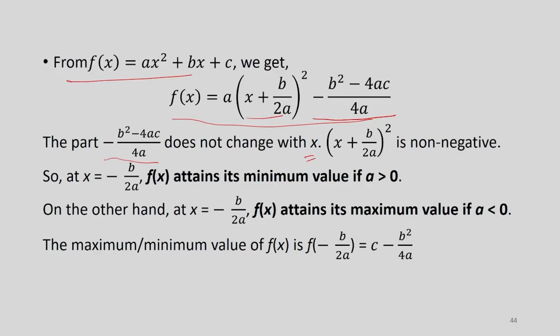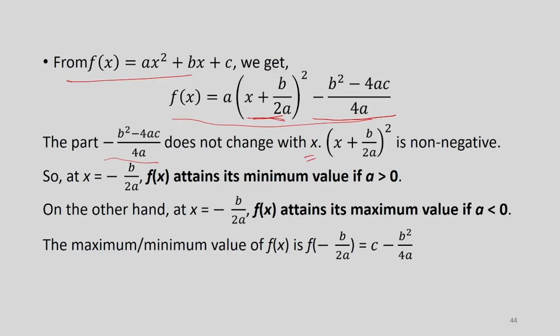Okay. So, from these two observations, we can make the following conclusion: suppose x is equal to −b/2a, in that case the first part becomes 0. In that case, f(x) attains its minimum value if a is greater than 0.